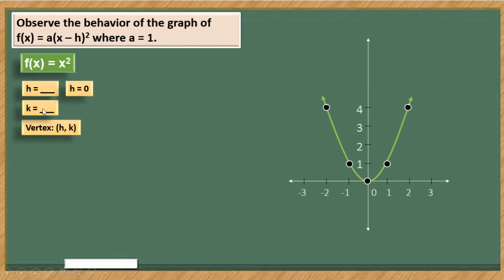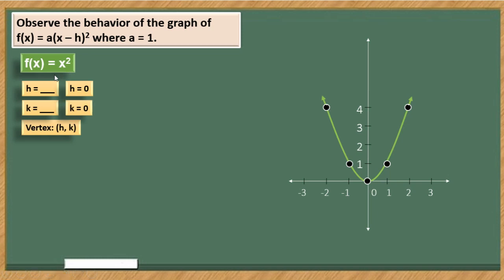Now, how about the value of k? Again, let's look at this formula. There is only x squared. Nothing can be seen from here. So therefore, k is also equal to 0.